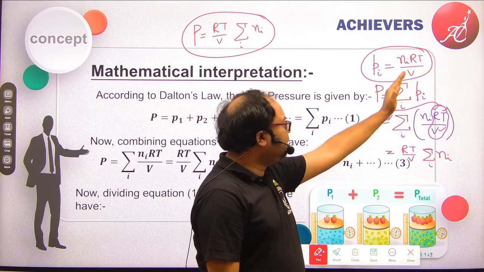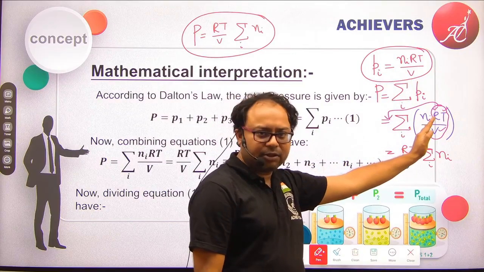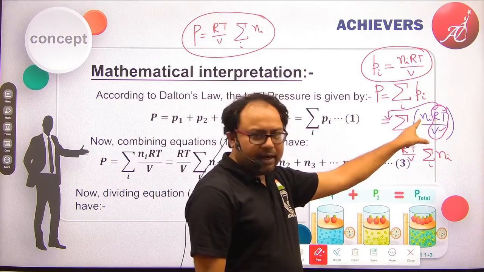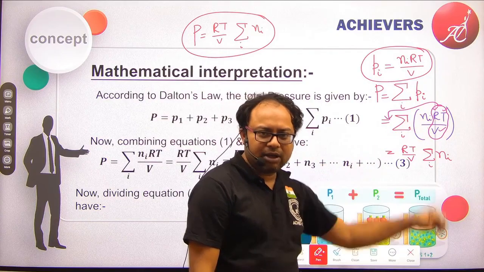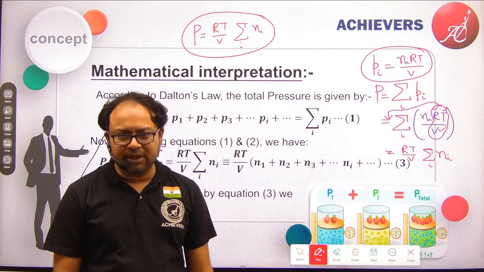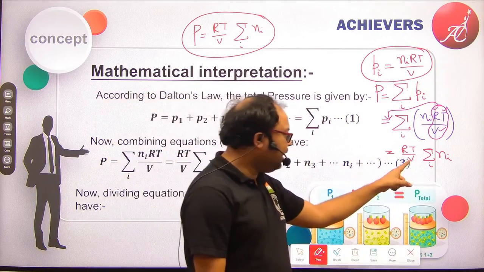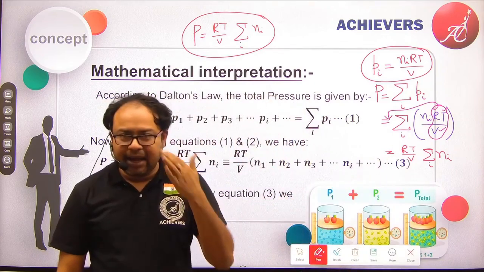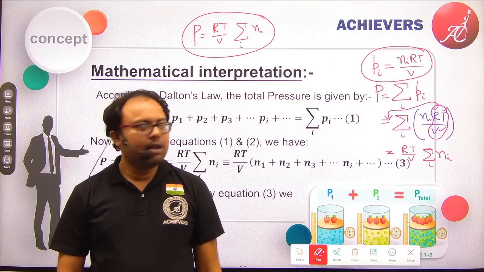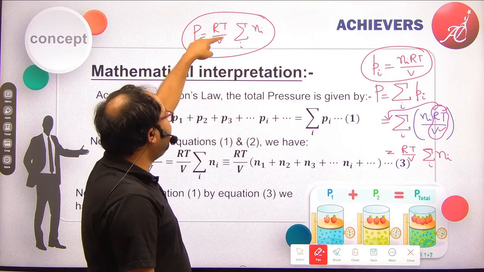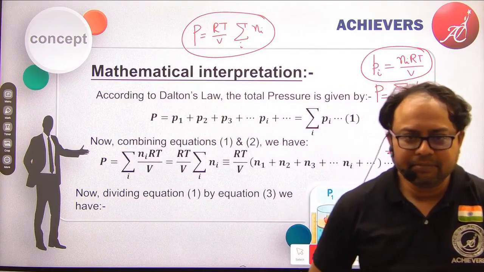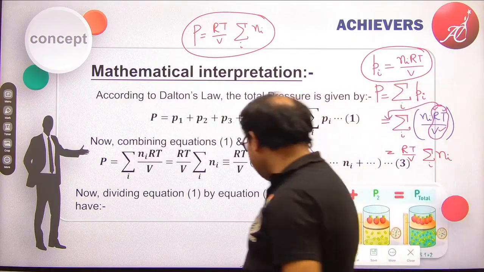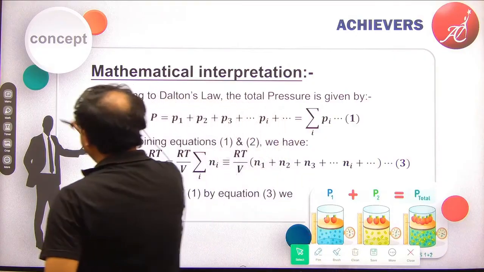Now you have substituted NiRT by V in place of Pi. And here Ni is the variable but RT by V is a constant. So you have pulled RT by V out of the summation series. So total P is becoming RT by V multiplied by summation over Ni. Understood? Now let's move into the next slide.